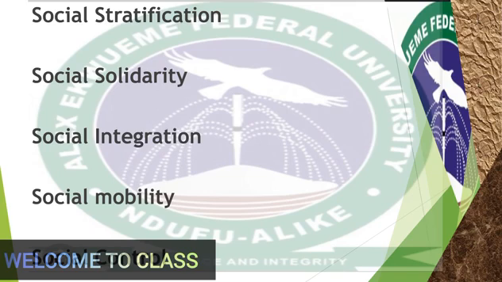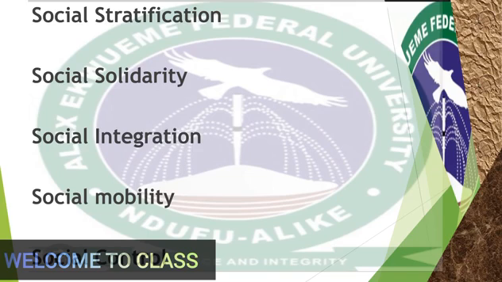So that's what you have in rural areas. The stratification is traditionally based, unlike what you have in the urban centers, where stratification is not traditionally based. Then social solidarity has to do with the extent to which people share common experience, common purposes, customs, and traditions.